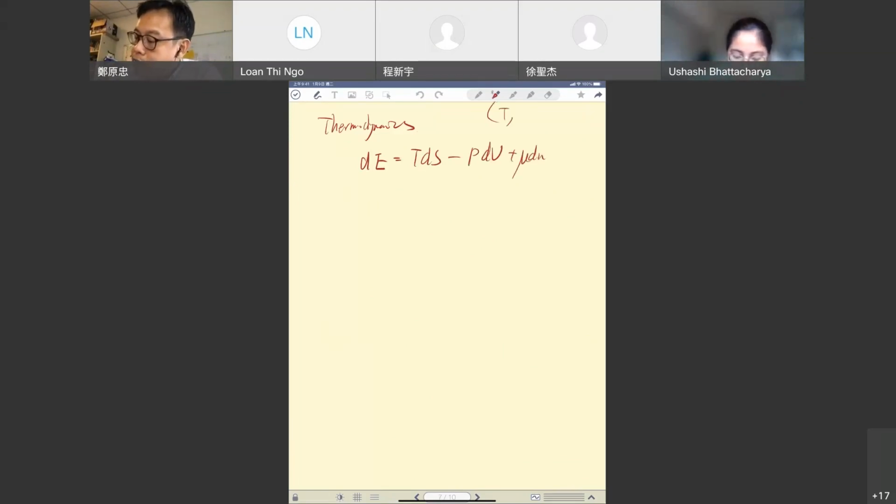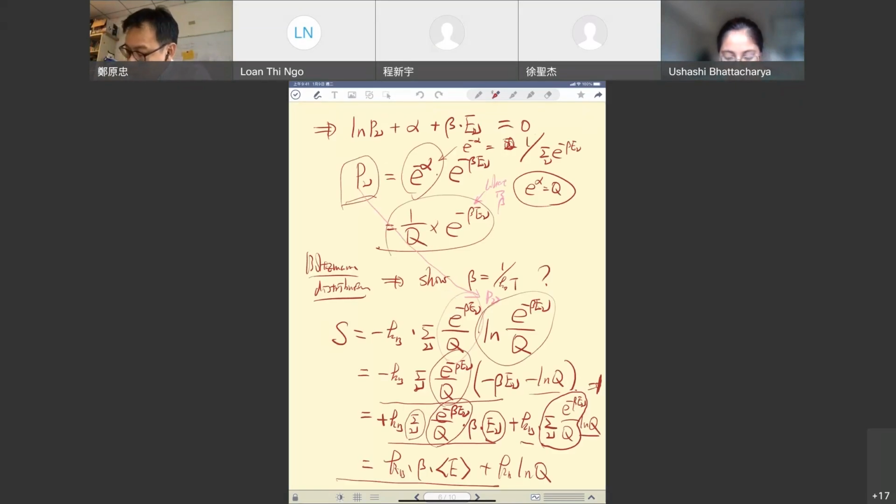Because we have T, V, N fixed, V and N are fixed, so these terms do not contribute to the change in energy. So we have a relation between T, dE and dS.